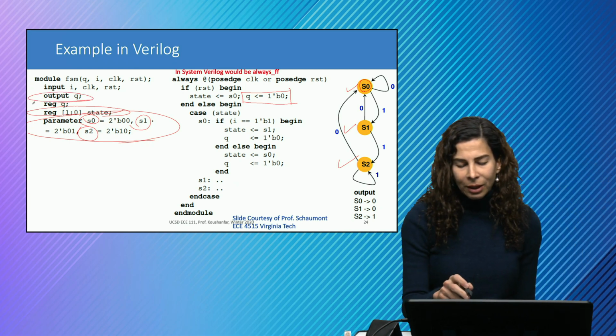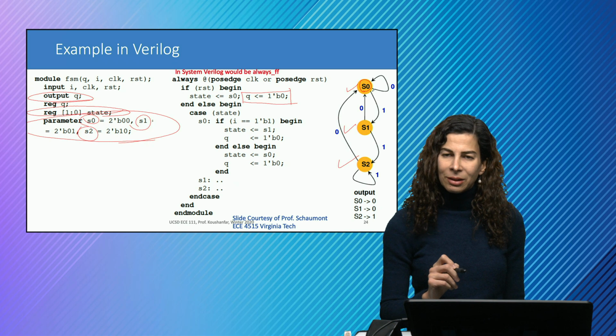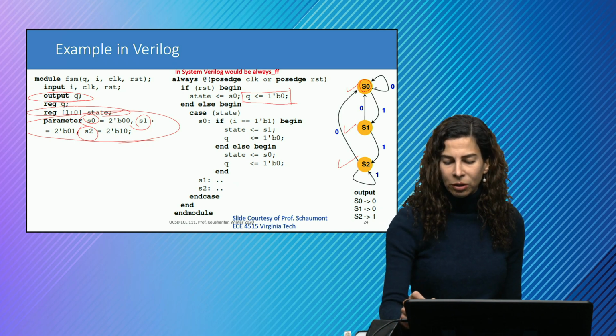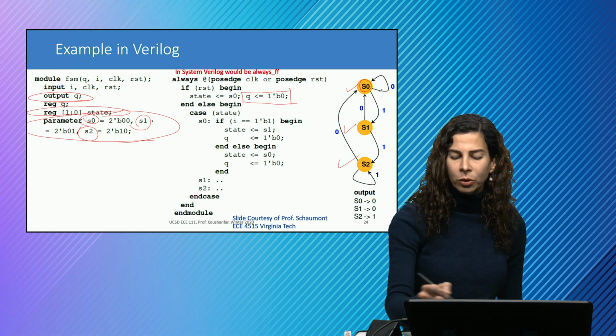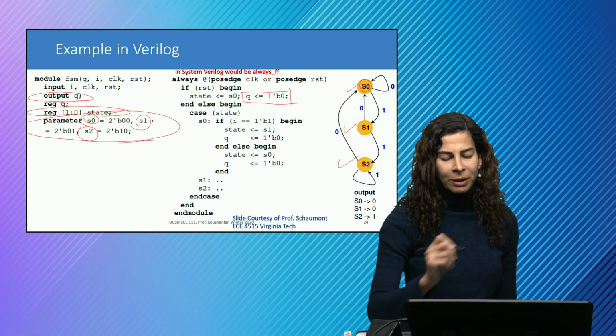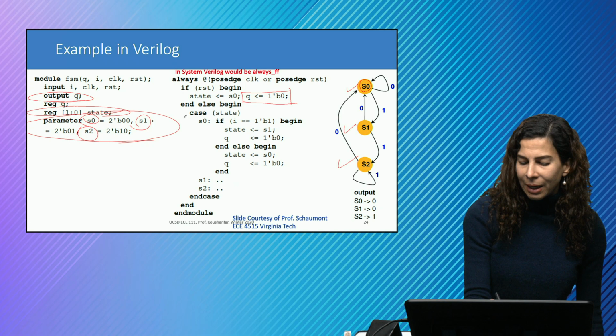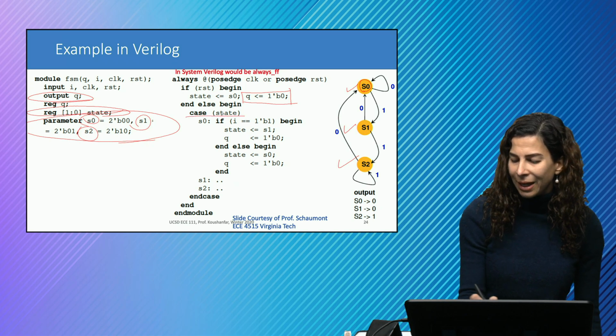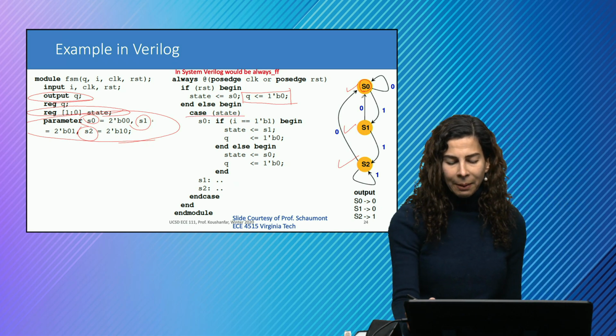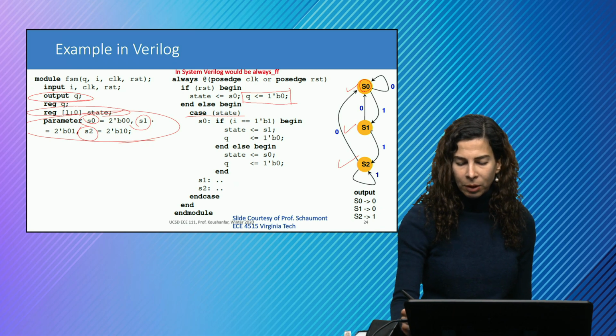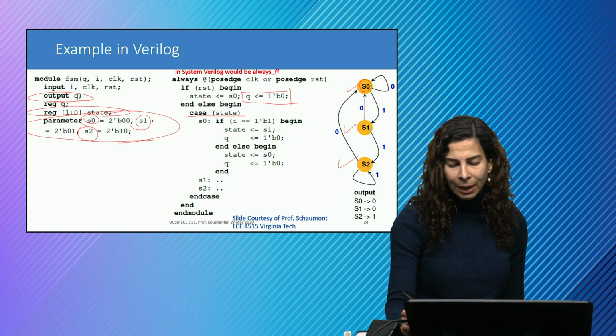Now, if you're not in the reset state, we want to tell this code word by word how this finite state machine works. This is done in this case by a case statement. So if your state is S0 and we get a 1, we are going to go to state S1, and the output here will become 0.